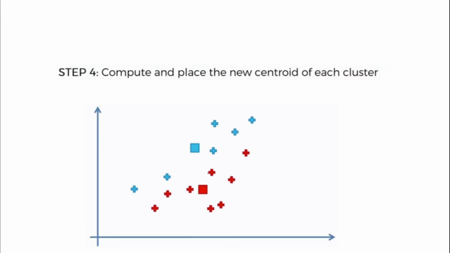I need to calculate the distance from this data point to this centroid as well as this centroid. If this point is nearest to this centroid, then this point belongs to this.